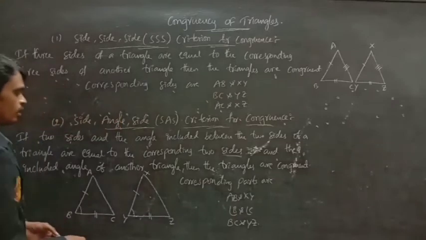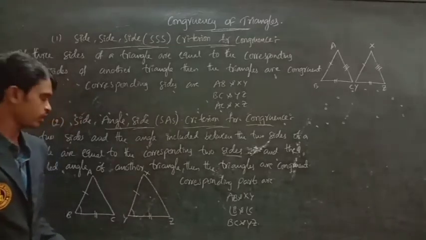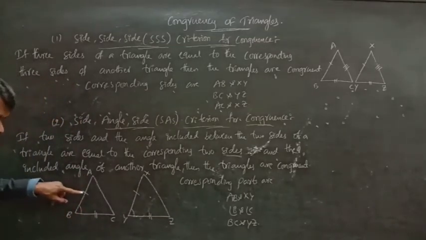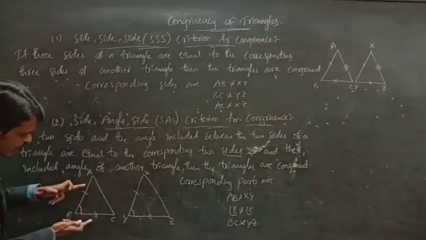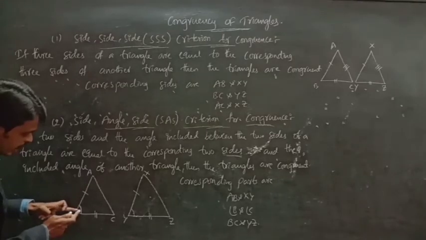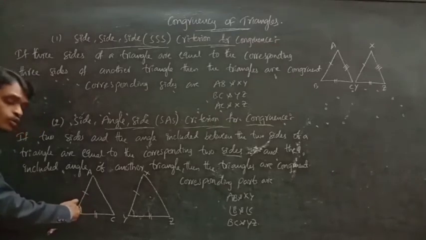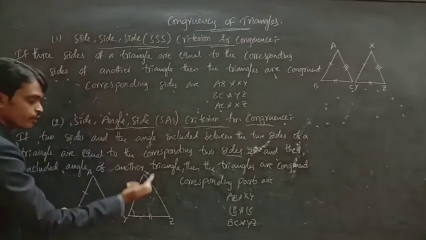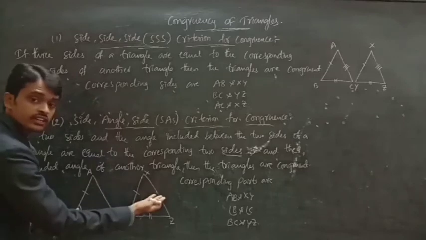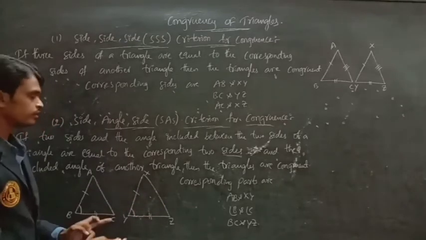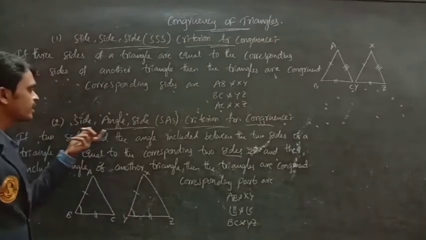So here two triangles, triangle ABC and triangle XYZ. In triangle ABC, two sides and the angle included between them are equal to the corresponding two sides and included angle of another triangle, then the two triangles are congruent according to side angle side.